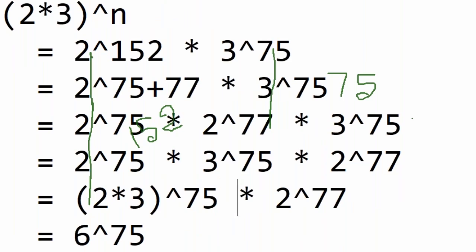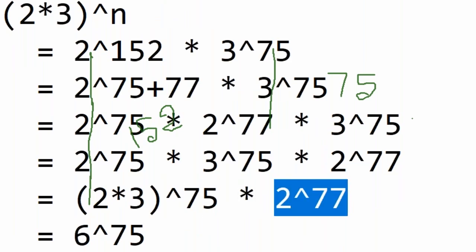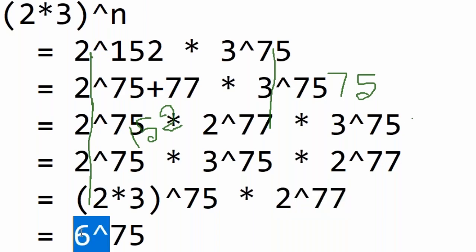And for this 2 power 77, there is no combination with 3 power 77, because if we want to get 6 power, compulsory 2 power and 3 power are required. Without 3, it is not possible to get the 6 power by using 2. Without 2, it is not possible to get the power of 3.